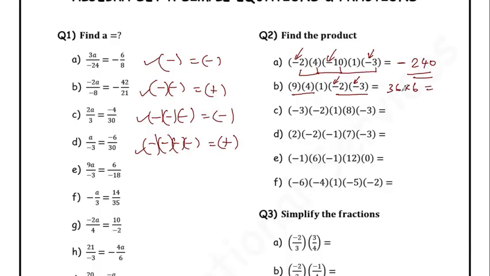So 216. Some mental math. If you know your tables and mental math, then you can do it. I'll solve it out here. 36 times 6, 18, 19, 20, 21. Oh, 216. It helped me. Always a good thing to double check your answer. 216.